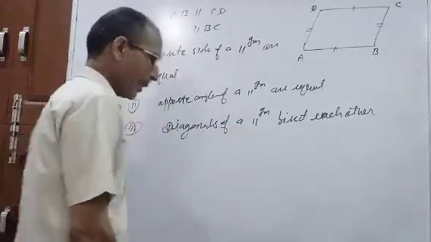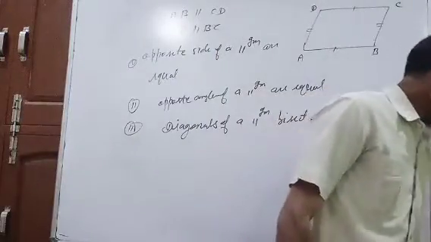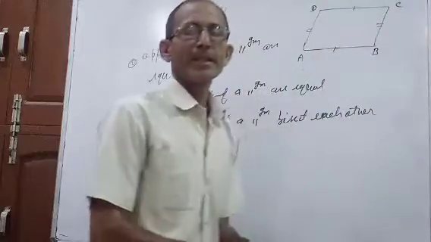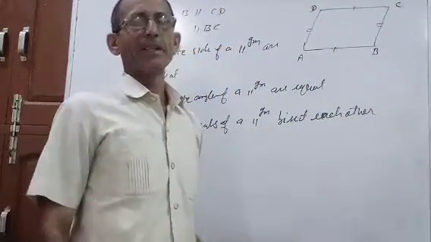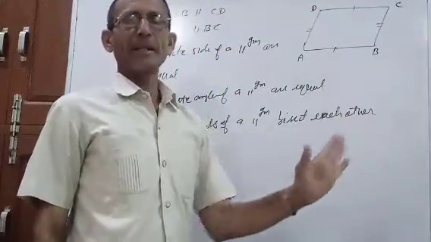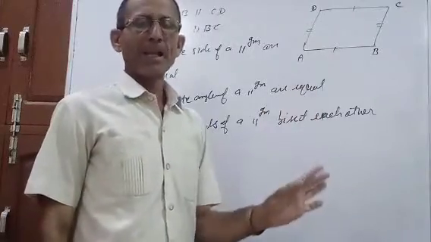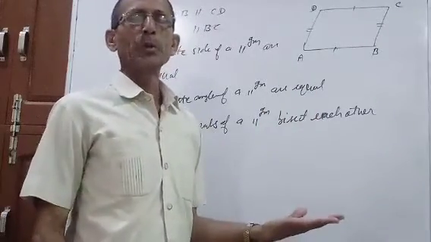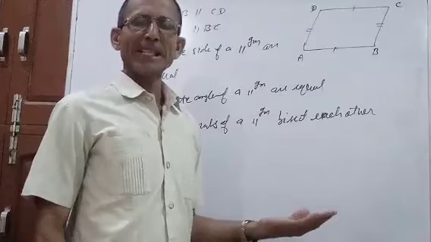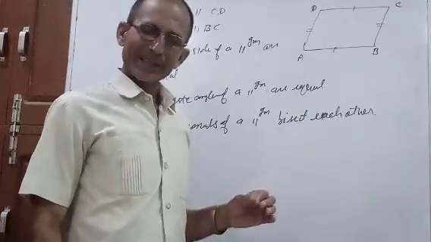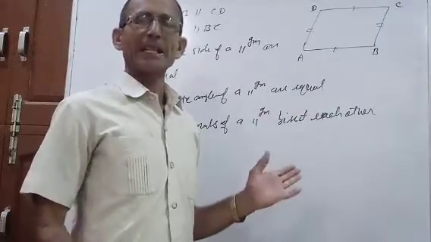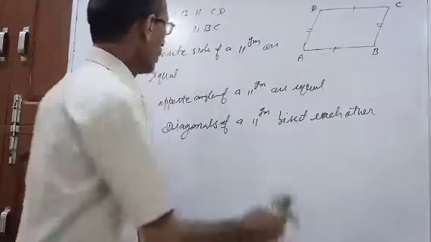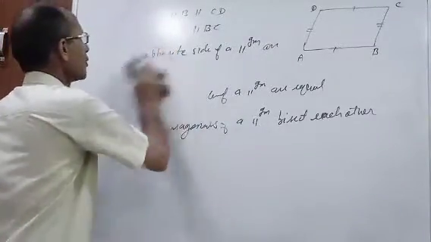So what is the theorem? In a theorem, you have to mention what is given. After reading the statement, first write the given. After that, what we have to prove. Third, if we need construction, we construct, and after that, we give the proof. So, the first theorem related to parallelogram.